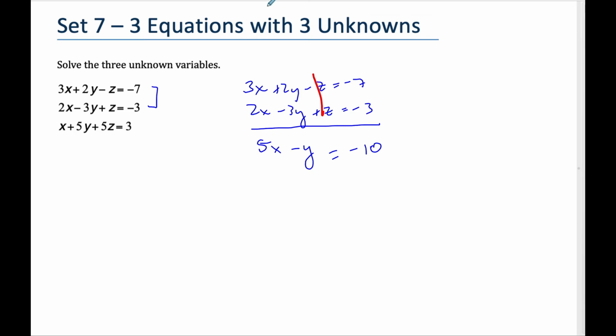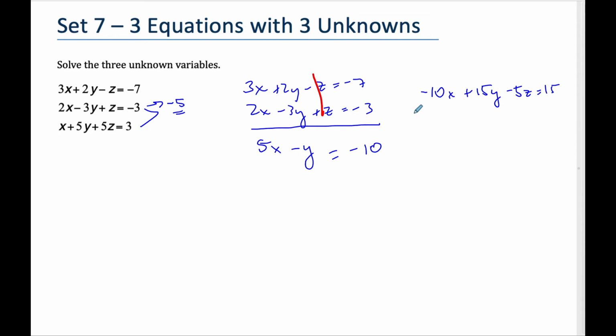And so the next thing I need to do is look at these equations again and choose a different pair. So let's choose these two and eliminate the z as well. In order to do that, if I take this equation and multiply it by -5, then I'll be able to eliminate the z's. So if I multiply the second equation, I get -10x plus 15y minus 5z equals a positive 15.